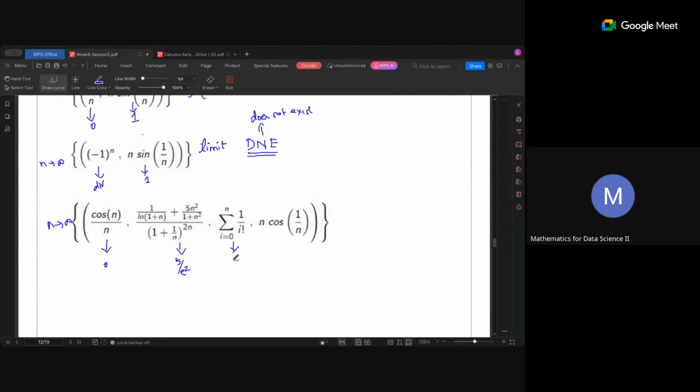You already know e. And what about this one? 0? Does not exist. This does not exist. You have to be careful here. Can you explain this one? See, what about this one? It's 1. If we try to rewrite it in this way, does it work here?